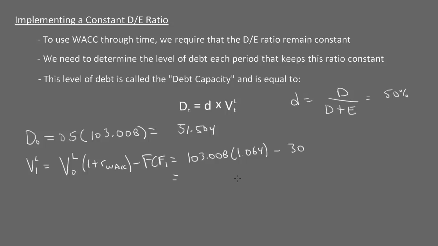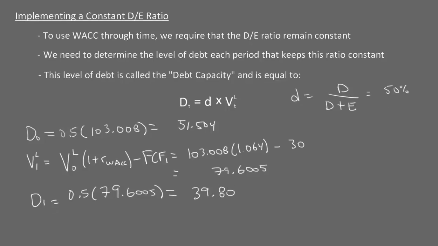That gives us a value of 79.6005. Now for D1, we use this formula as well: 50% multiplied by our VL at time 1. So our amount of debt that we need at time 1 is 39.80.